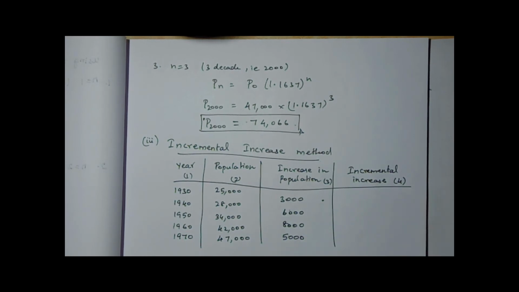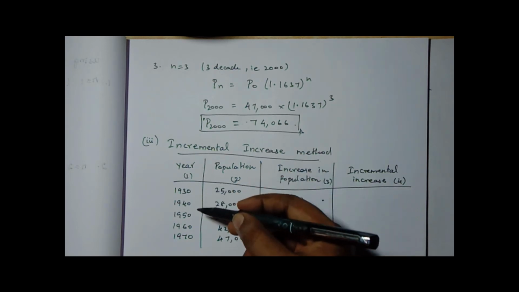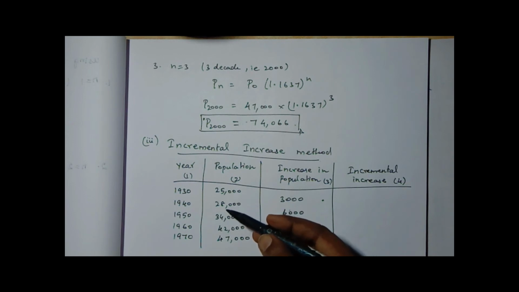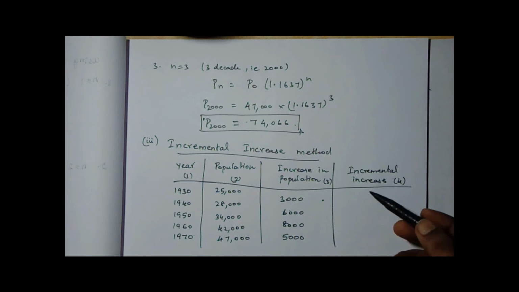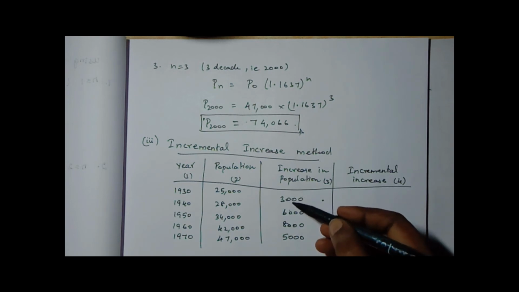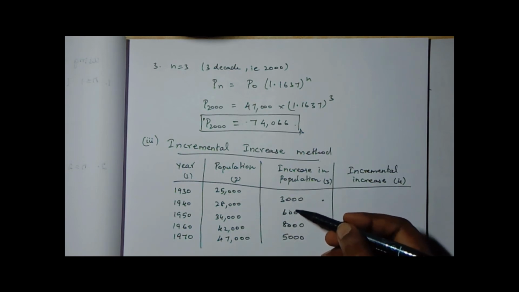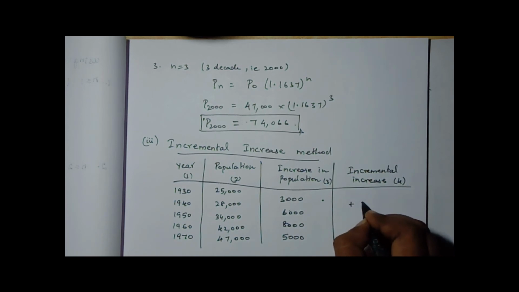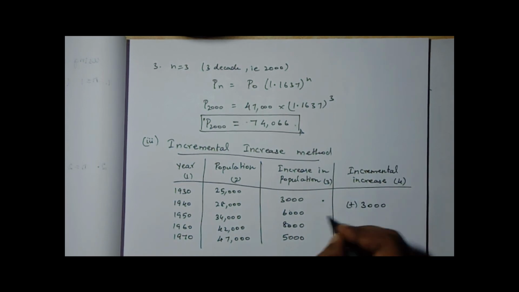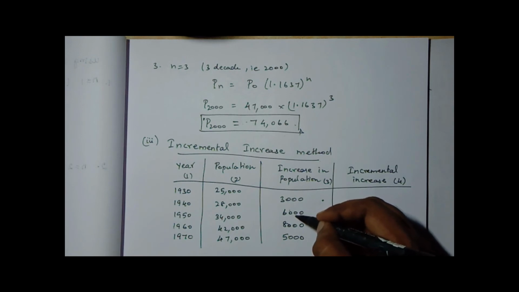How are we able to find the incremental increase? Similarly to how we find the difference between the population from 1930 to 1940: 25,000 with an increase of 3,000 gives 28,000, which we have mentioned as 3,000. So the incremental increase we have to find from the increase in population, which is the change in the increase from each decade to the next. 3,000 to 6,000 is plus 3,000. So there is a positive sign where it has been increasing from 3,000 to 6,000.